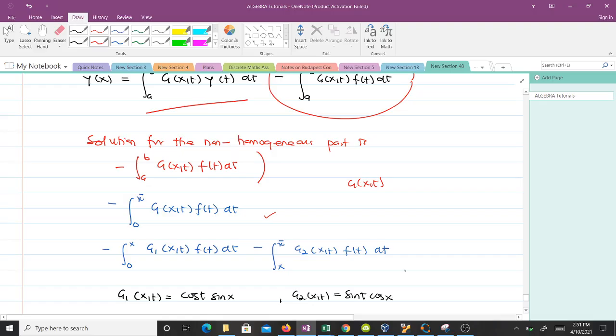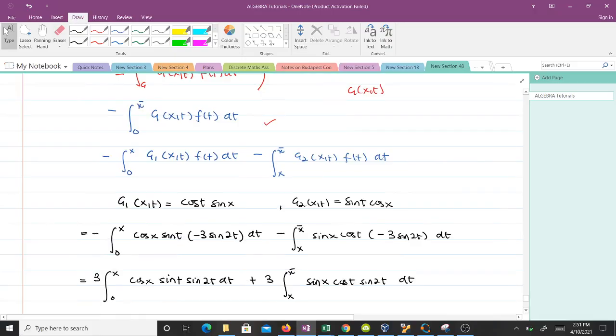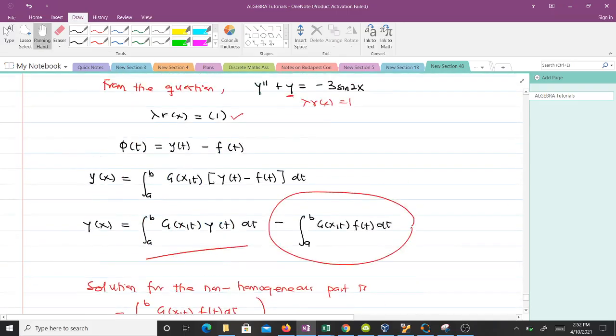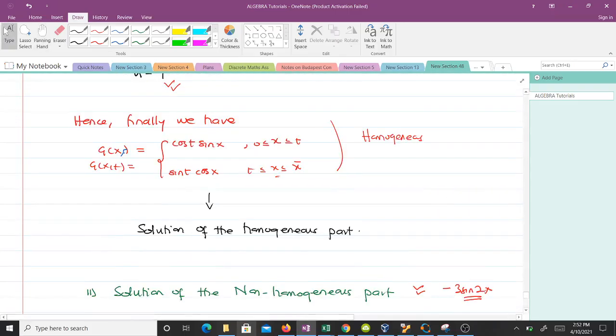Okay, so when we get here, we know that from the question, our g1 of x, t is equal to cos t sine x. That's from the solution we had here. Okay, so everything is from this place. Okay, so this one is g1, g2.